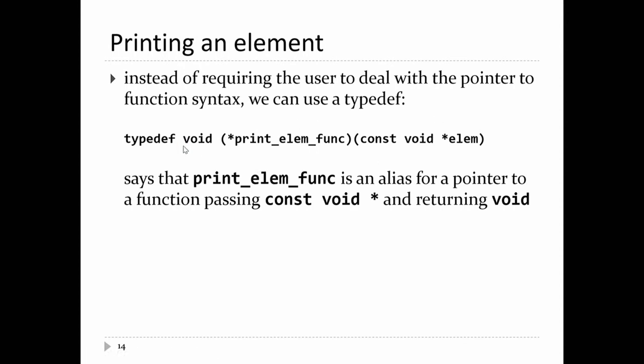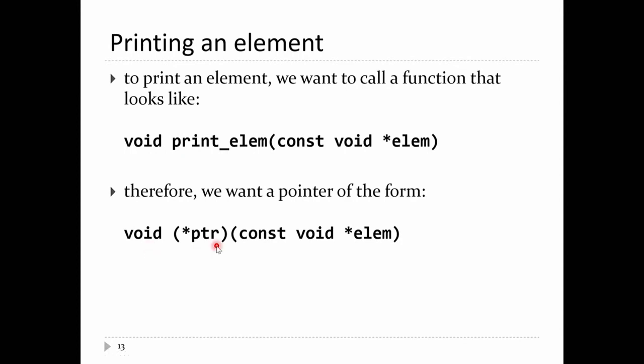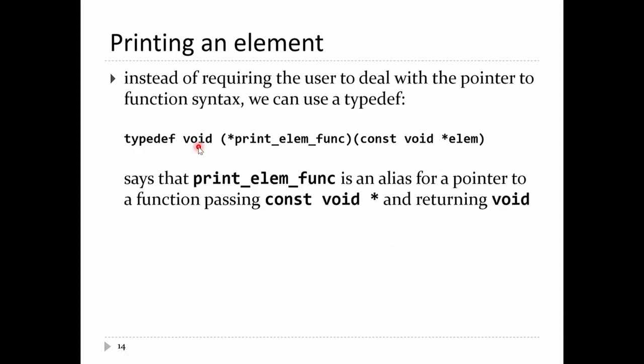So, void, some pointer name, const void star. Print elem func, that's the typedef name. So that's your tag name now. So this typedef says that print elem func is just an alias for a pointer to a function that returns void and has const void star as its parameter.